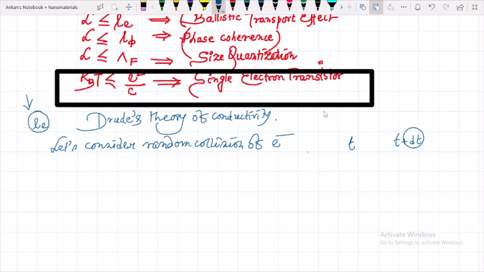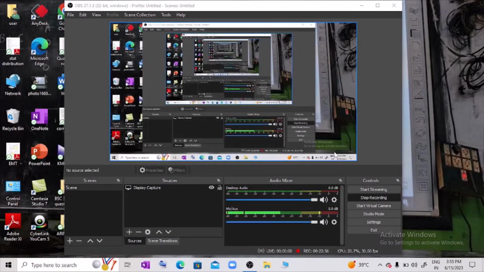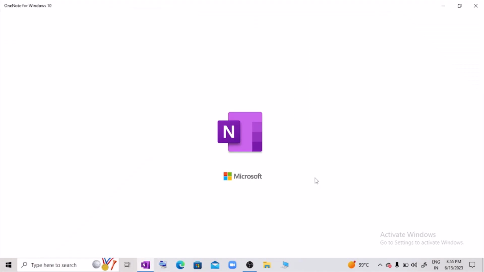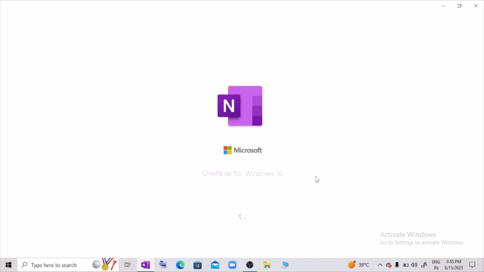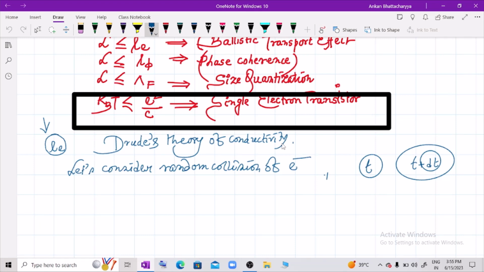That has the probability equal to dt upon tau_e, where tau_e is the elastic relaxation time.